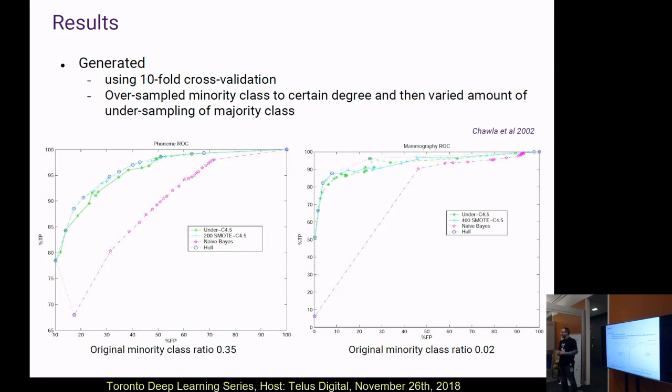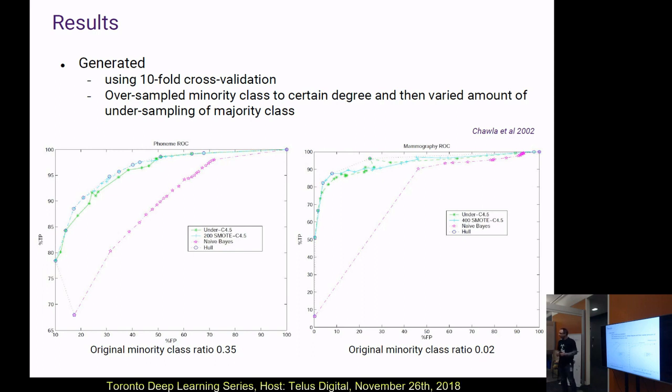I feel like with the original minority class to be 0.35, let's say there are 35 minority points, 65 majority points. You are playing with undersampling of those 65 majority points. So you're slowly first taking 10 of them, then 20, then 30, and 40. So then you have different points you are generating with this concept of true positive, false positive. Right? But then there is something which is hidden, which is the decision boundary, which decides how many true positives and false positives.